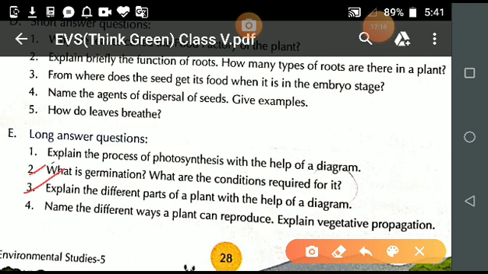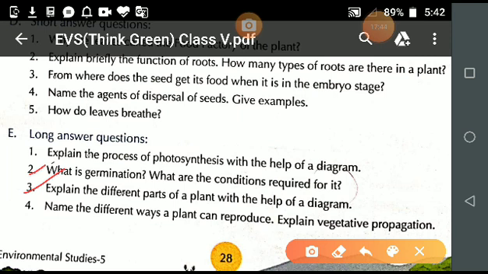So, when we study the parts of a plant, which is the main part of the shoot system? That is the stem. Is it clear?